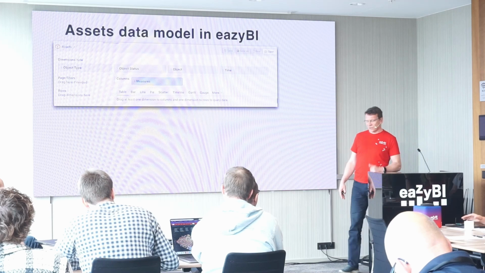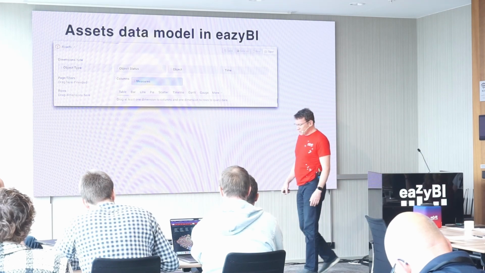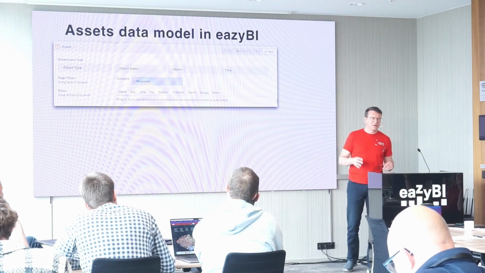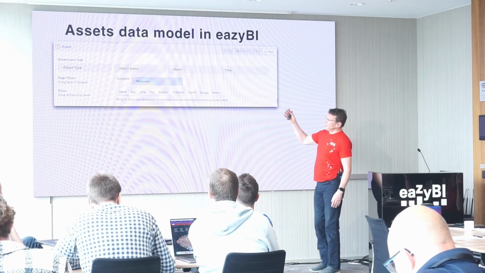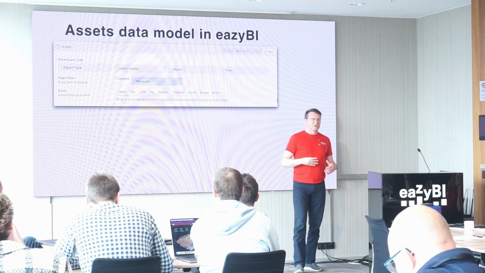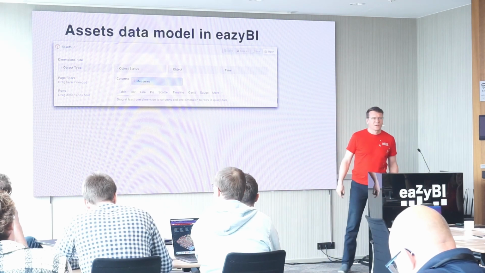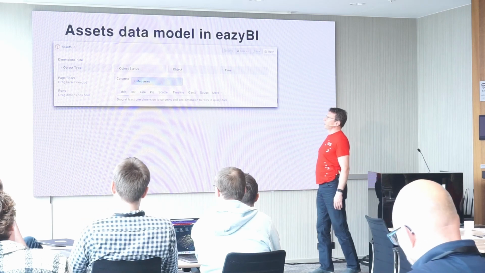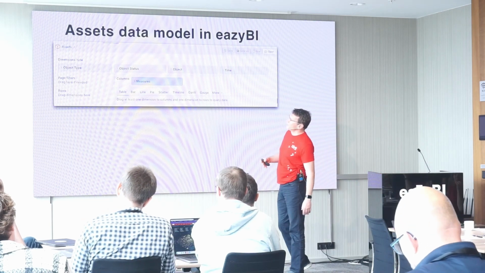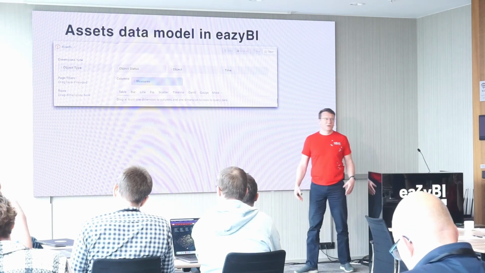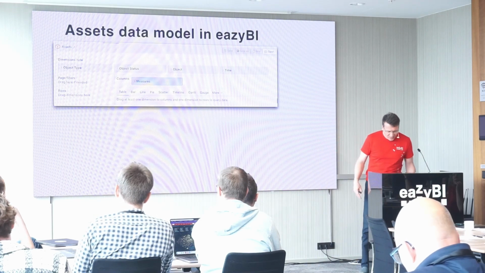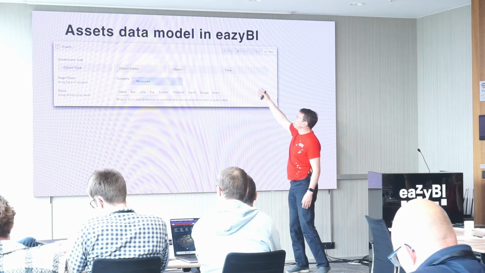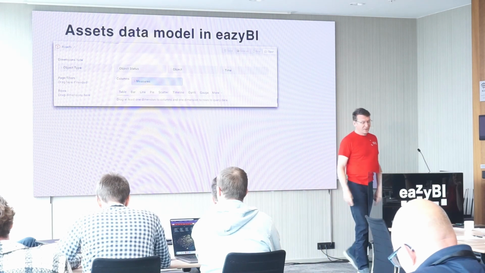Well, as I mentioned, the object schema is a very flexible thing, and the eazyBI data model is very generic in that sense. So there are just a couple of things that we know there will be by default. We can report on object type, we can see object status, and we can see objects themselves and group them in time.